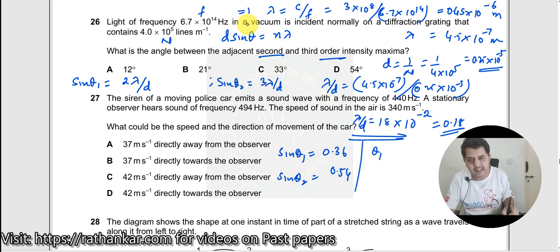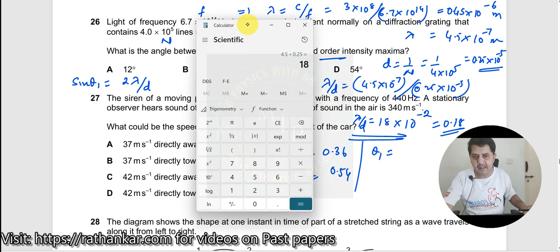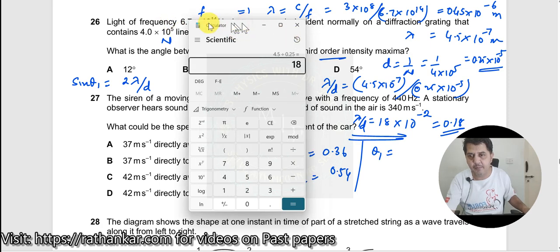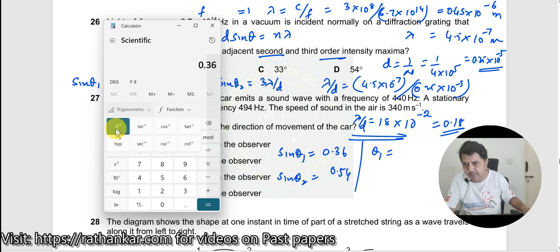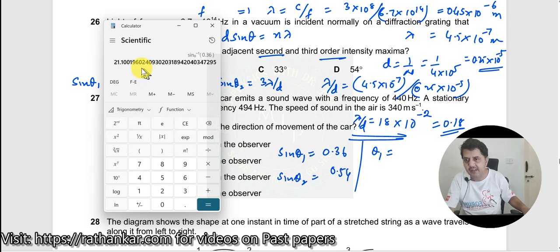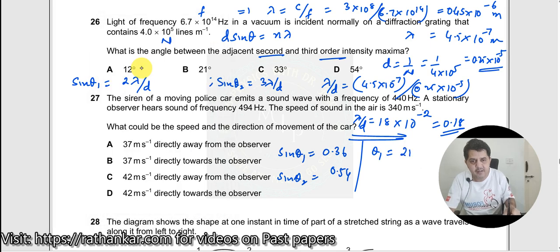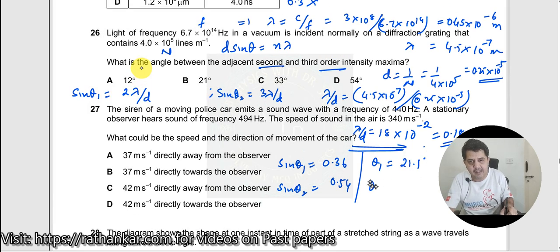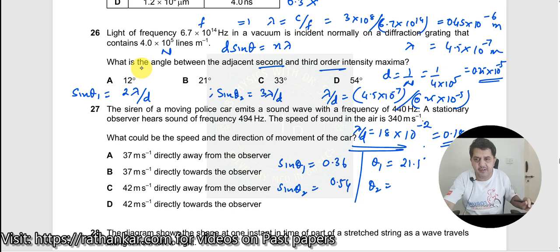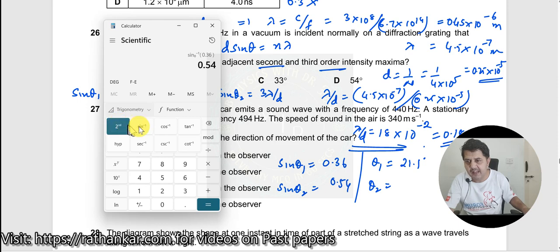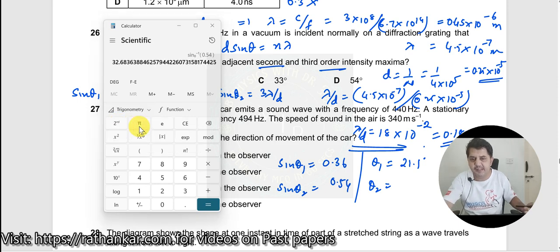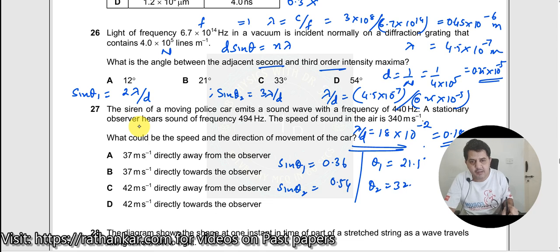Then what is θ1? Let me take my calculator. It's not so easy to find it out manually. So 0.36, go to trigonometry, second, sine inverse, I get 21.1 degrees. And θ2 in a similar way, 0.54, trigonometry, second and sine inverse, I get 32.6 degrees.